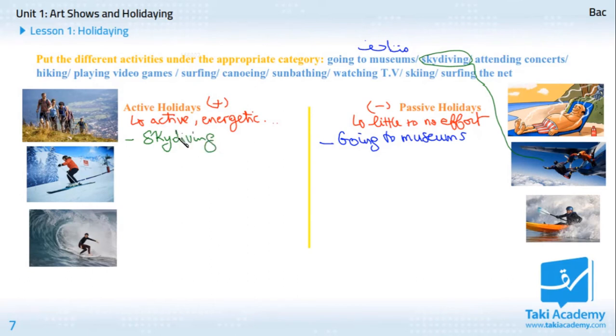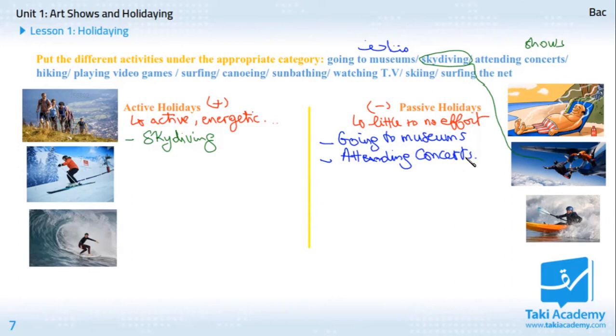Then we have attending concerts, or we can say shows, plays, etc. So just go, sit, listen to the concert, watch the show or the play, and that's it. You make little to no effort. That's why it is considered to be passive. Attending concerts.